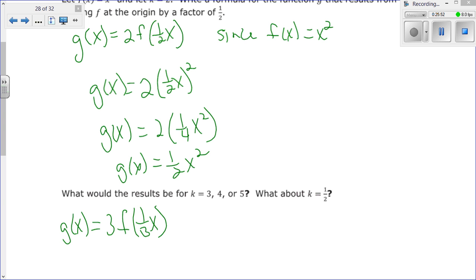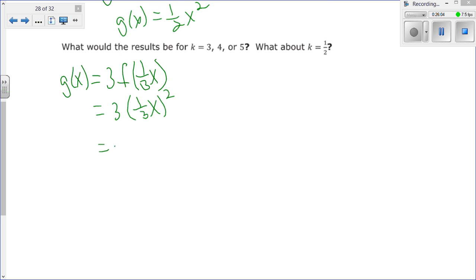And since the function is f of x equals x squared, we'll have 3 times 1/3 x quantity squared. So it'll be 3 times 1/9 x squared. 3 times a 9th is 1/3 x squared. So you try 4, 5.